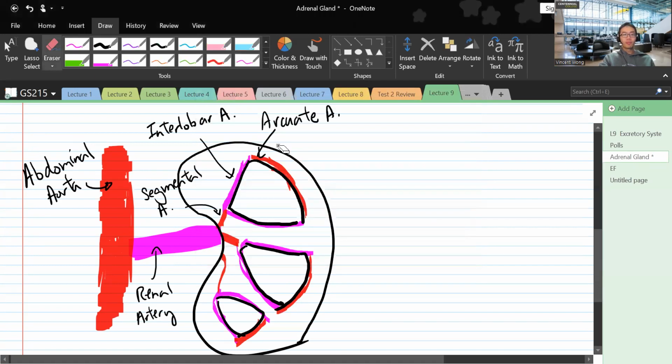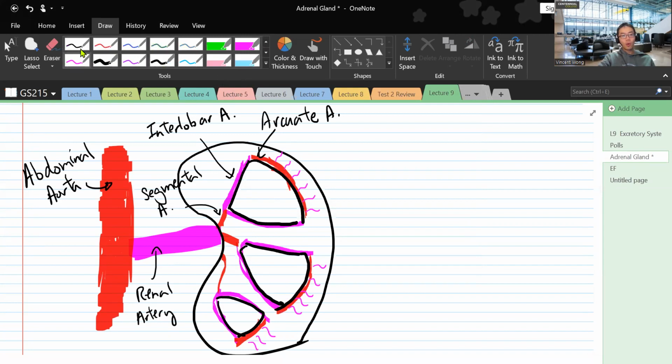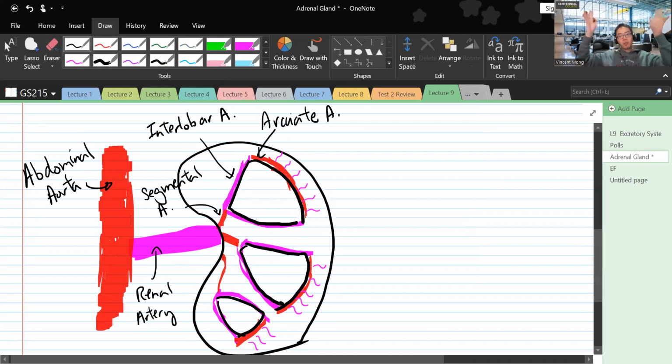Off the arcuate artery, you would have a bunch of smaller ones that come up like that. These ones are in the cortex, and they radiate out from the arcuate artery. So they are called the cortical radiate artery.